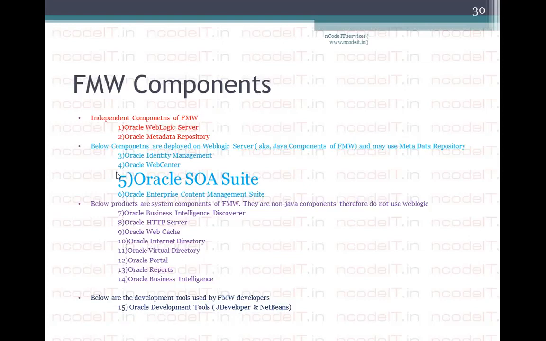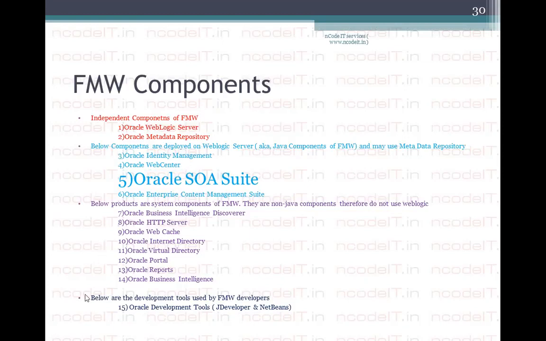Then we have the Java components themselves, which are in sky blue here. You have Oracle Identity Management, Oracle WebCenter, and Oracle SOA Suite. Then Oracle Enterprise Content Management Suite. These products are Java products, therefore they are all deployed onto WebLogic. Then there are non-Java products.